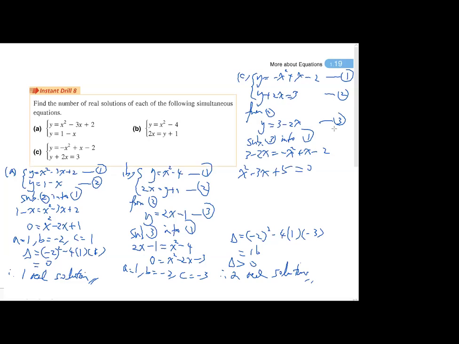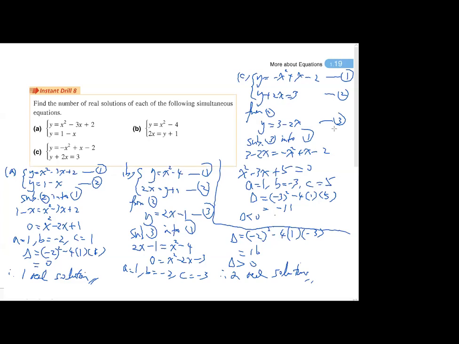So it is a is equal to 1, b is negative 3, and c is 5. And we can calculate the delta to be b squared minus 4 times a times c. That should be equal to negative 11. Okay, negative 11 means that delta is less than 0.